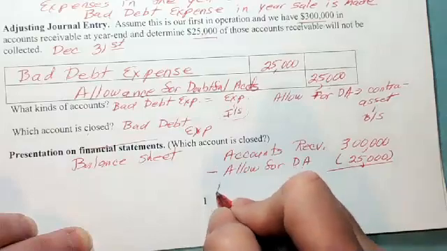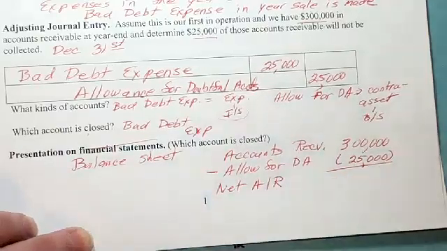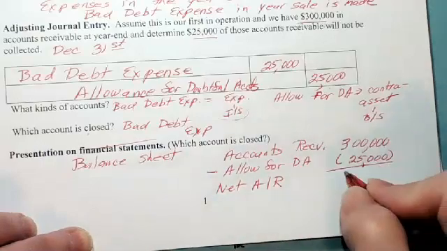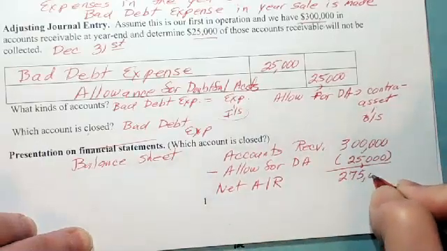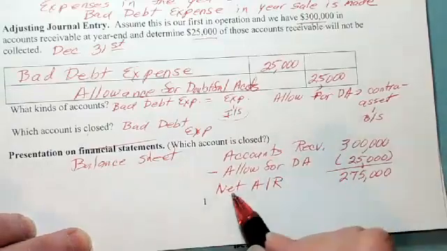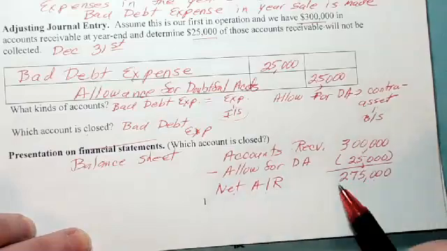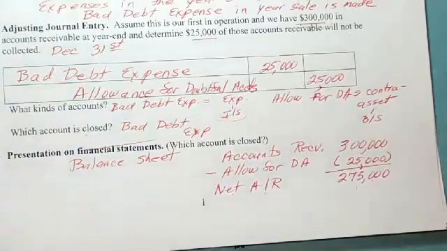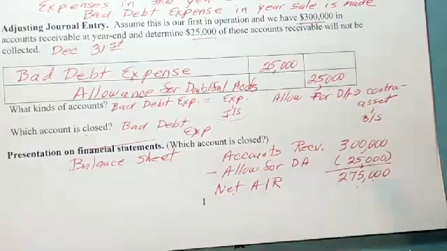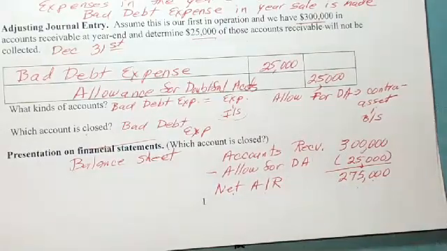So we're going to show net accounts receivable, and sometimes they call it AR net instead, of 275. And remember, net is always less than gross. So the net number has to be littler, otherwise you messed up somewhere along the way. So that's how you show it on the financial statements. That's what we mean by a contra asset. It's on the balance sheet, in the assets, right underneath accounts receivable, and it adjusts your accounts receivable.